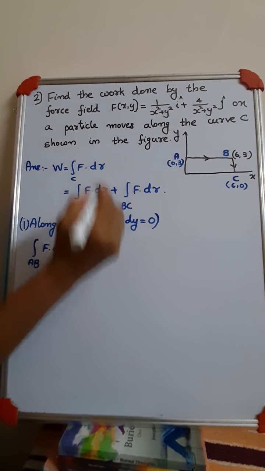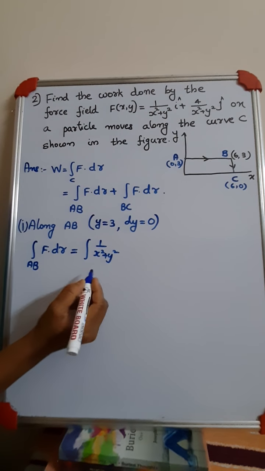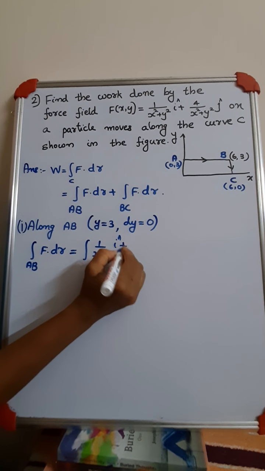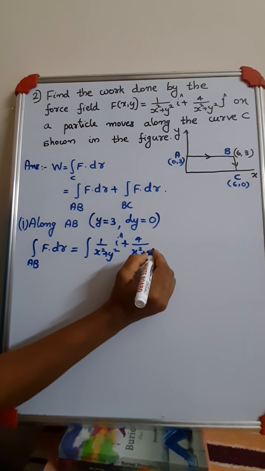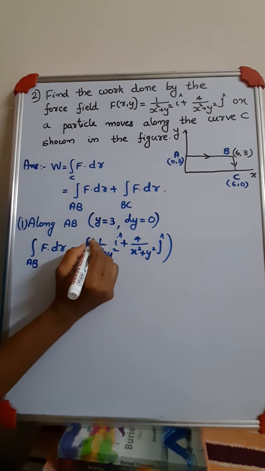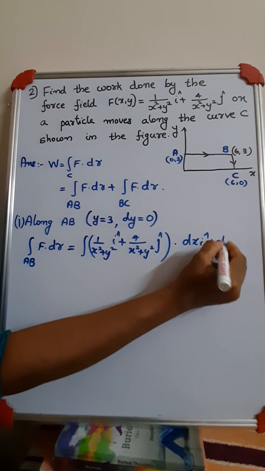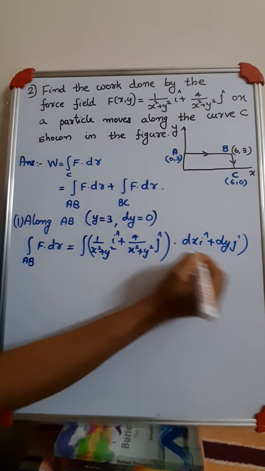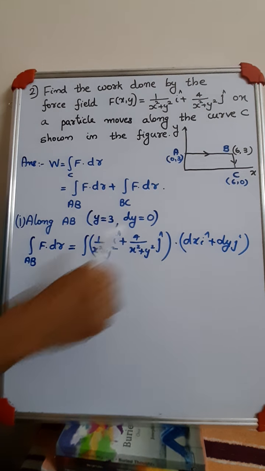The integral of, what is F? 1 by x squared plus y squared i plus 4 divided by x squared plus y squared j, dot dx i plus dy j. According to our first case, the formula for work done in the first case.